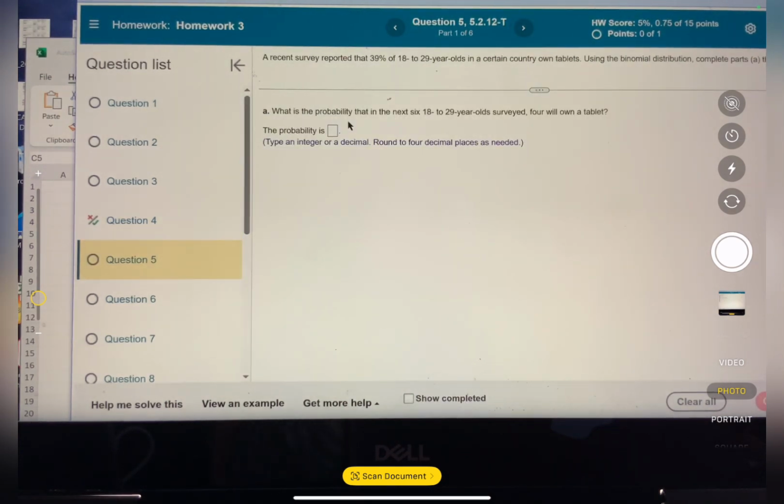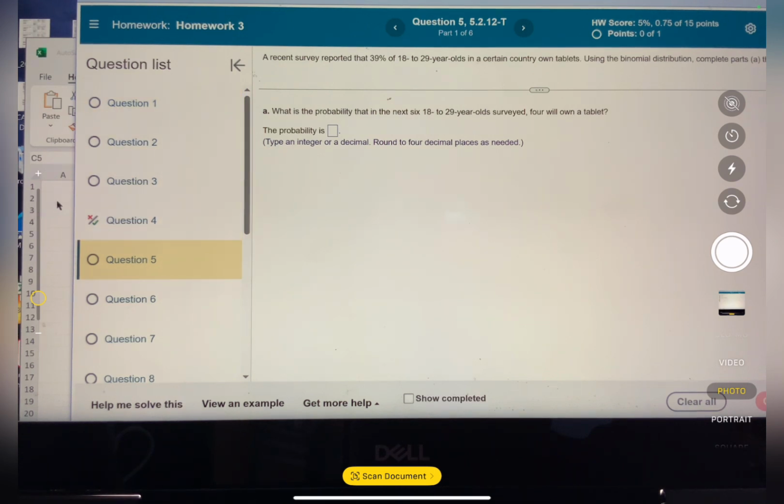A recent survey reported that 39% of 18 to 29-year-olds in a certain country own tablets. Okay, so our pi is going to be 39%, the probability of success.